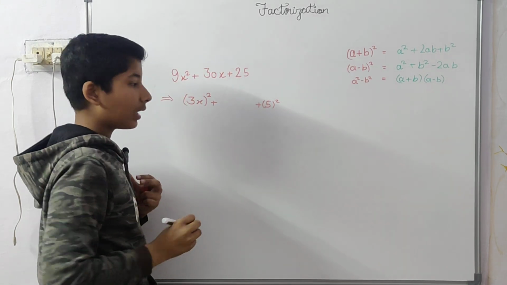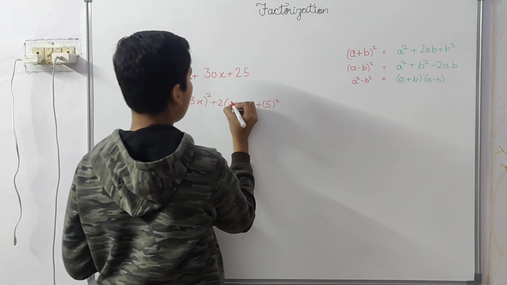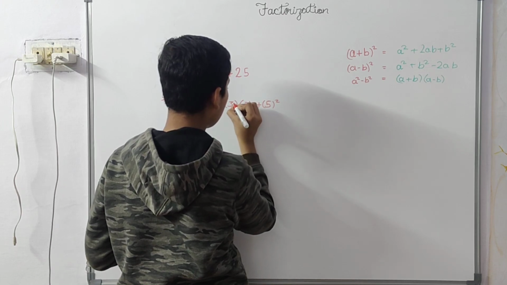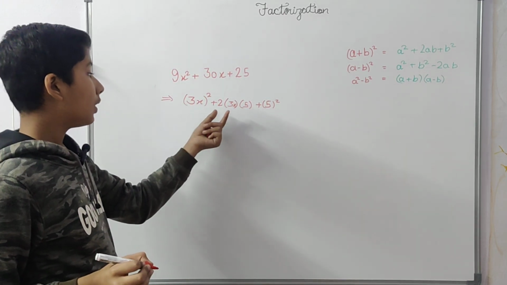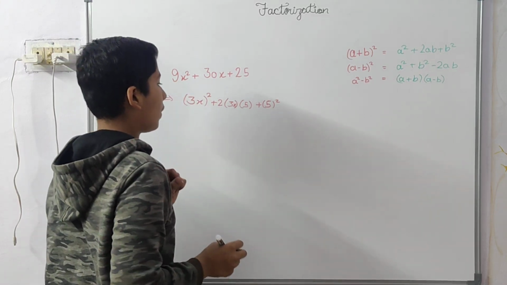And how can 30x be written as 2 multiplied by 3 multiplied by 5? So if you see, then this number will be found.